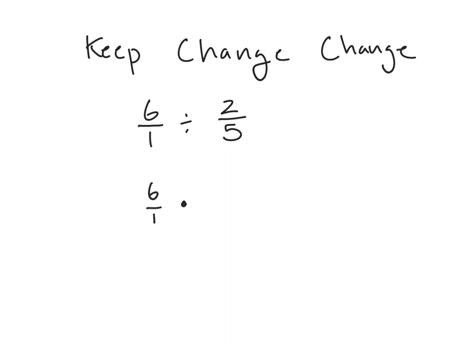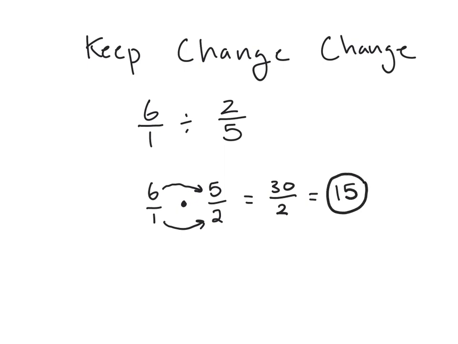I'm going to change that 2/5 to 5 over 2. And then I'm going to multiply. 6 times 5 is 30. 1 times 2 is 2. And then I know 2 goes into 30 15 times with nothing left over. So our answer is 15 for this one.